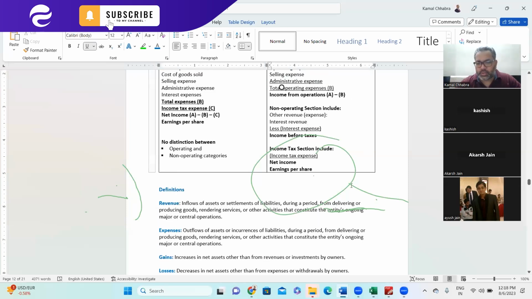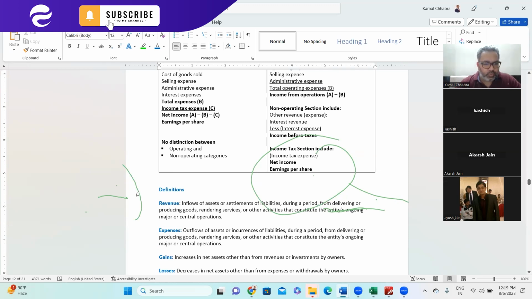Any idea? Ayush, can you use the eraser to remove this?